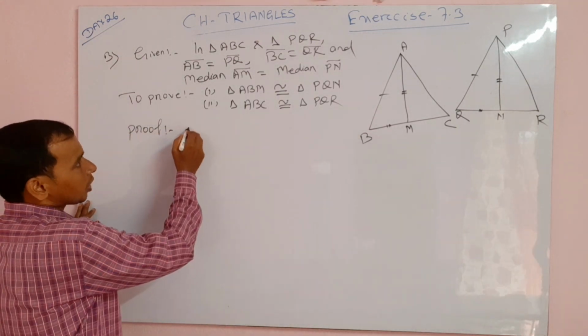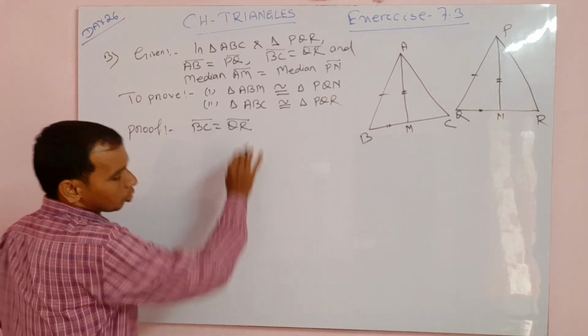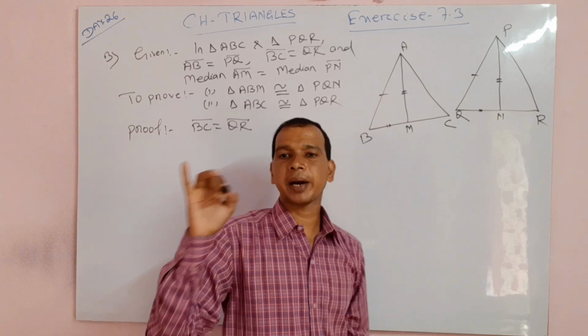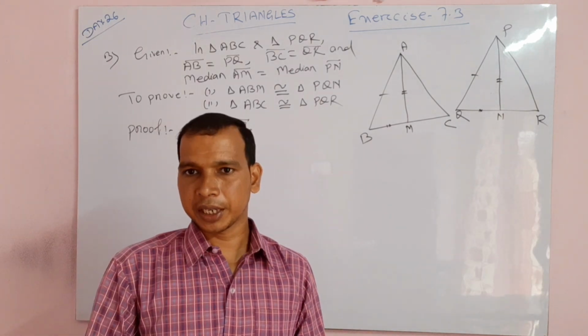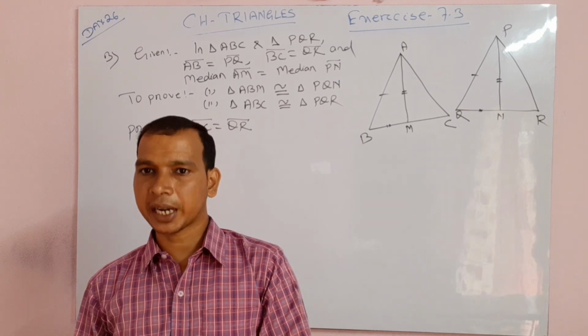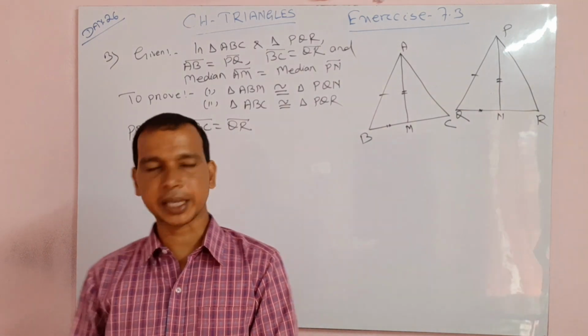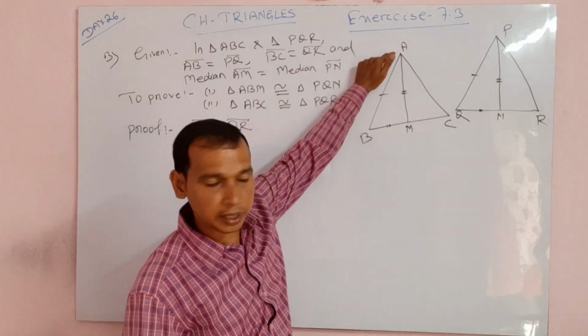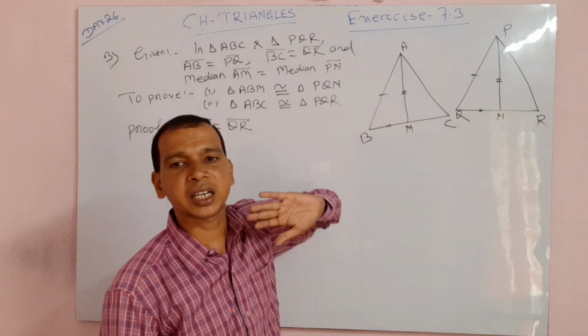Okay. Look, given here BC equal to QR. You know a median bisects the base. Median's definition: the line segment joining the vertex of a triangle to the midpoint of its opposite side is known as median. So here A is the vertex, M is the midpoint of BC, so AM acts as a median.